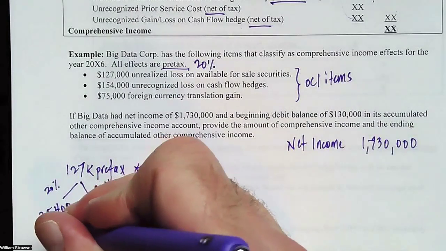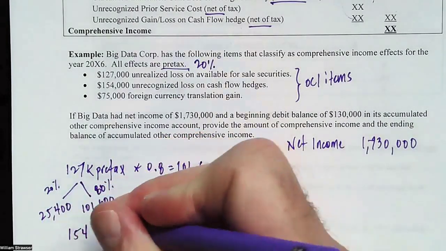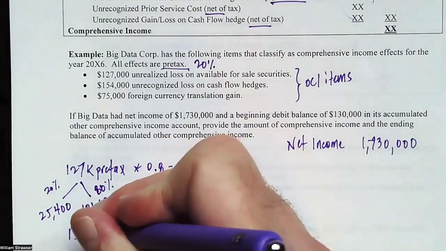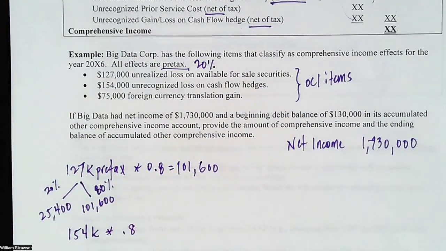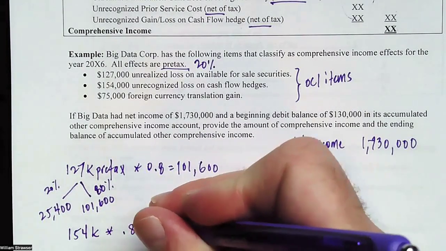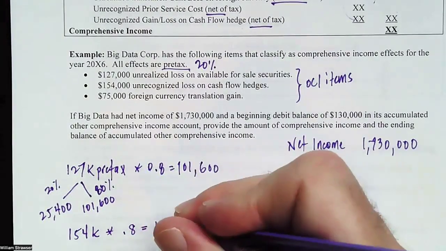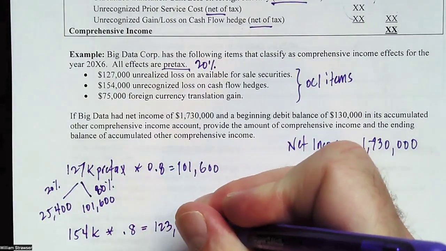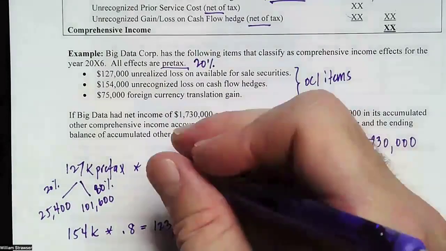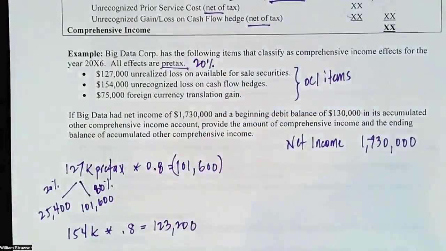Take the 154, do the same thing to it, multiply it by 0.8, and that's $123,200. The first one was a loss. This is also a loss.